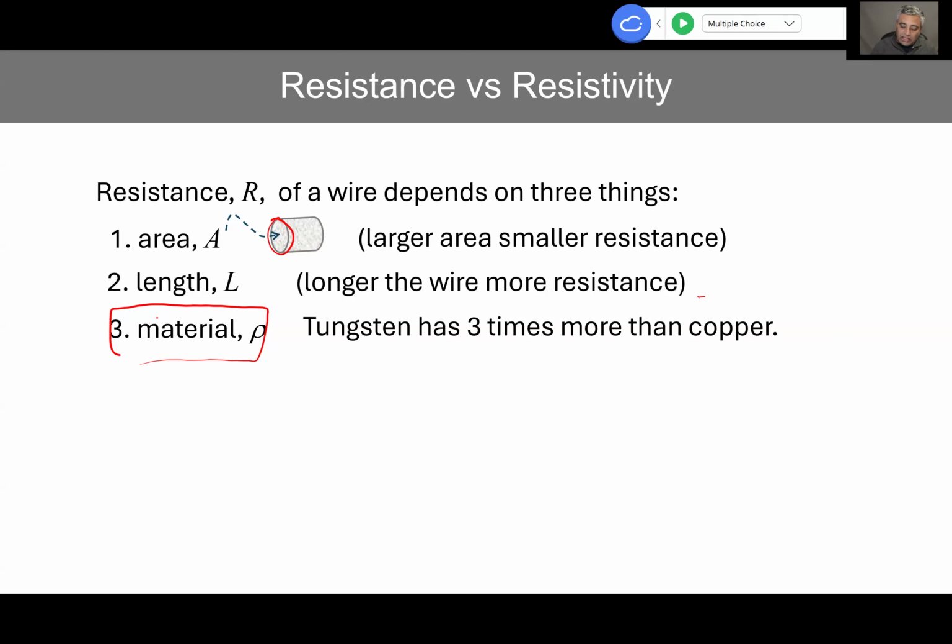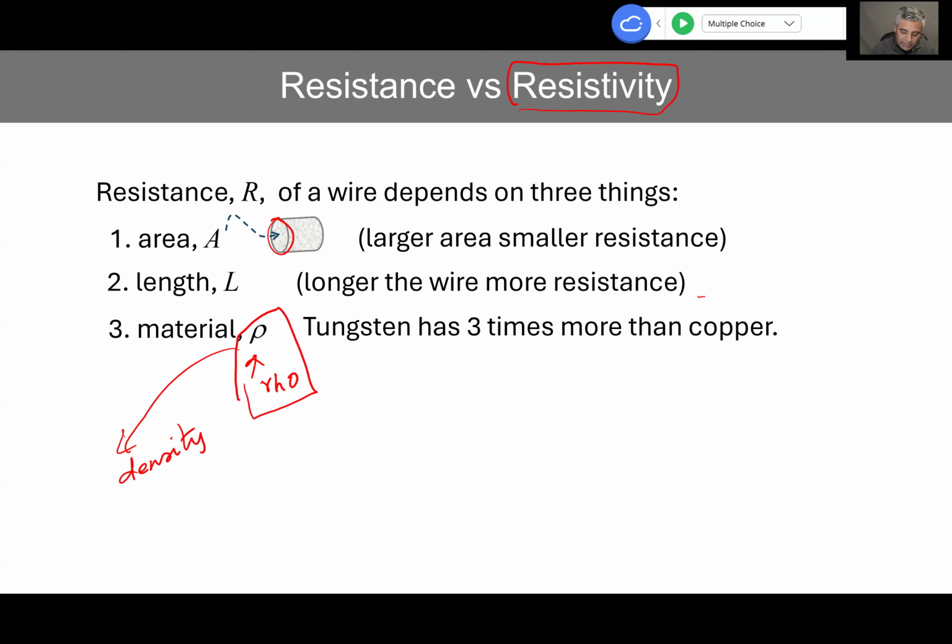We call that resistivity, and its notation looks like P, but it is not. In Physics 1, we use that for density. Here we are using that for resistivity. So by combining this information, we can write the equation for resistance.